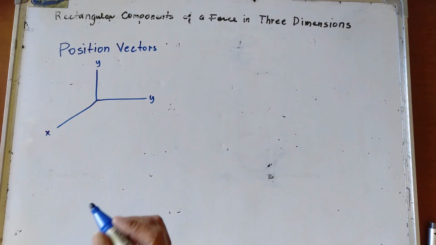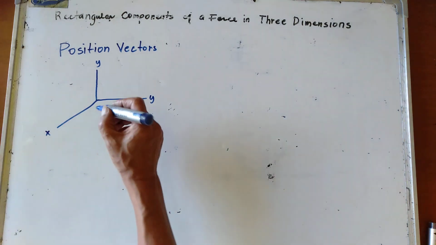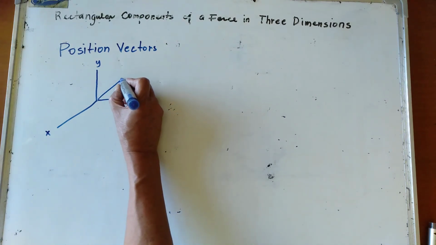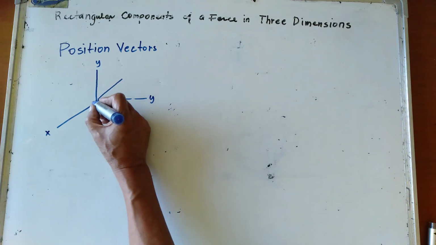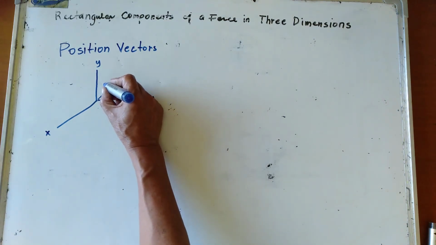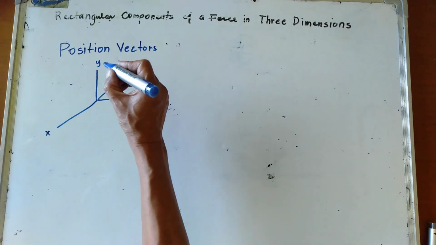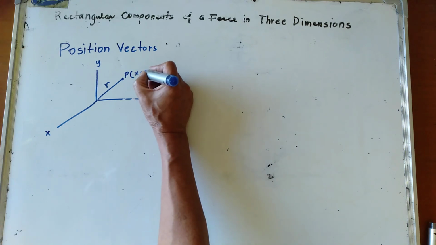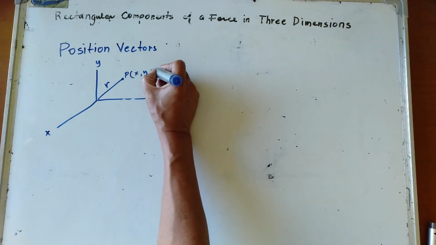So we now have position vectors. A position vector is defined as a fixed vector which locates a point in space relative to another point. Let us consider a position vector R that extends from the origin of the coordinate axes to any point P whose coordinates are x, y, and z.